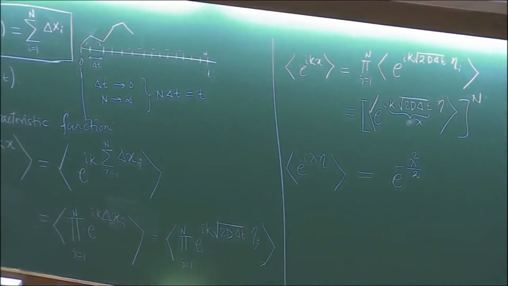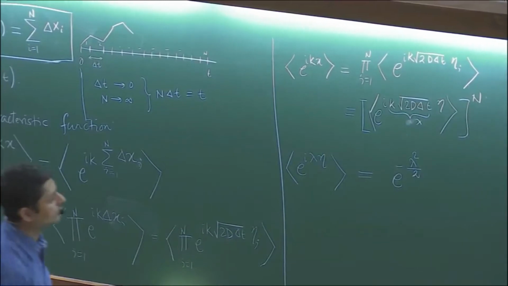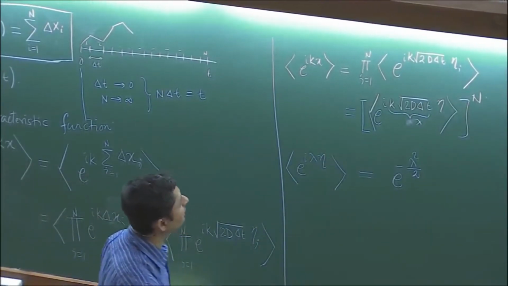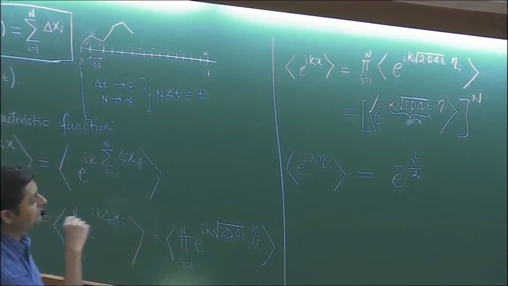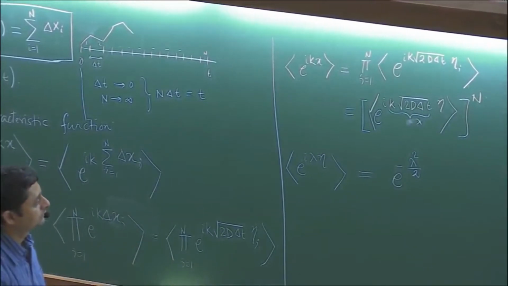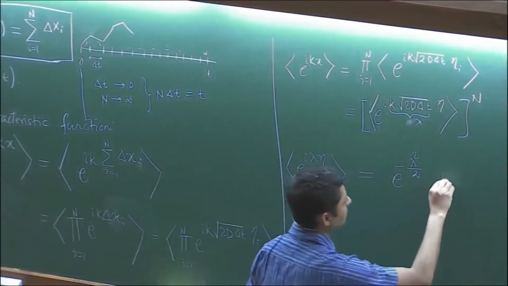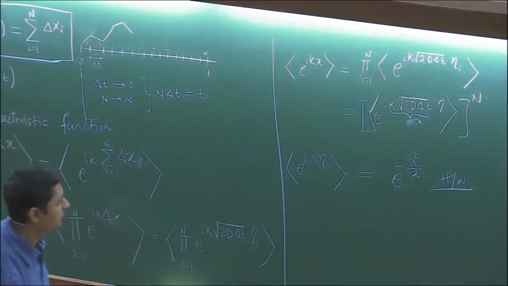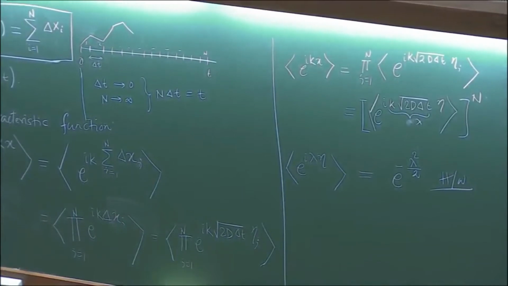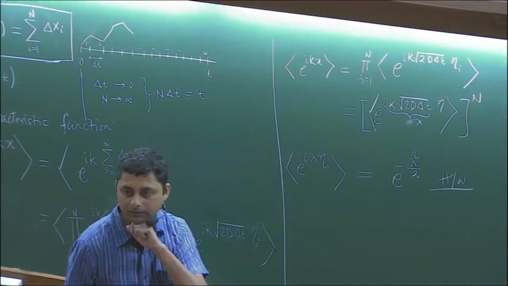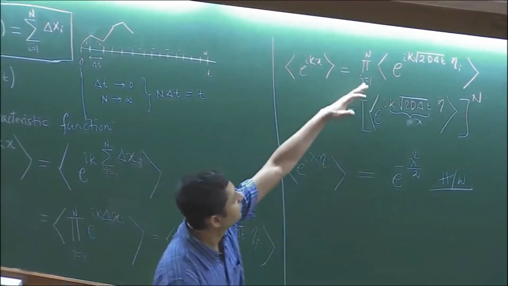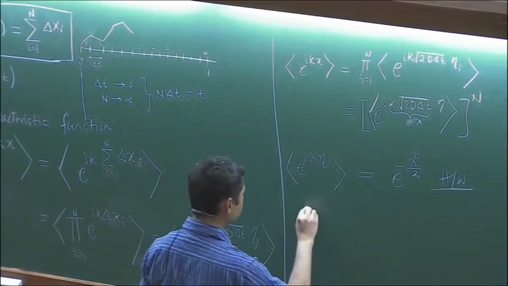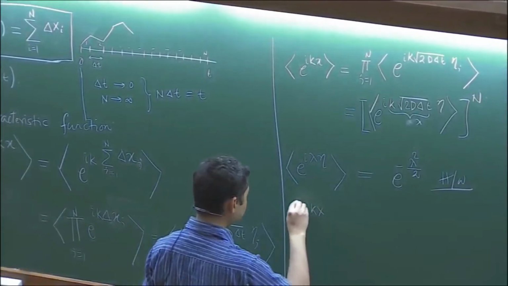Then what is the characteristic function there? This is homework. Given this distribution of noise, so that this is equal to that, what is e to the power i k x?